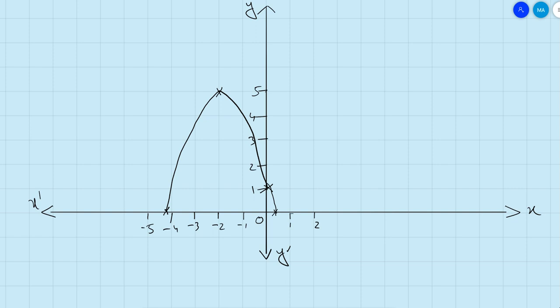Our graph is already above the x-axis, so there is no need to reflect any part of the curve, because no part of the curve is below the x-axis. So this is our final answer of part c.